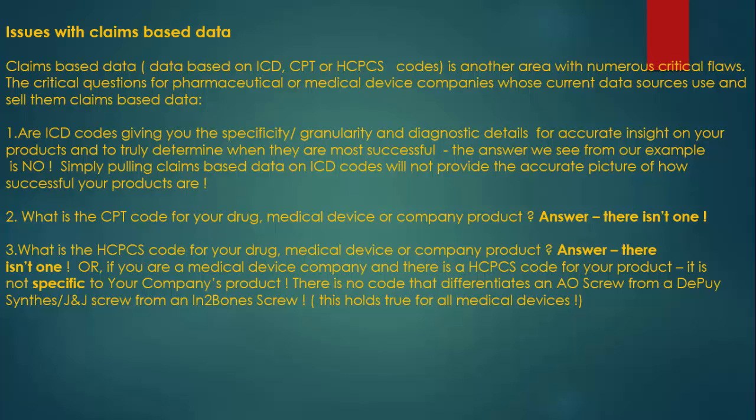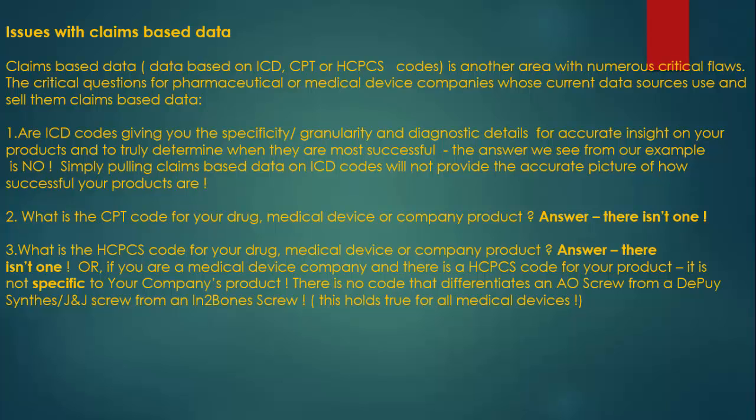Now, if you're a medical device company, there could be a HCPCS code for your product, but it's going to be very high level, very non-specific, getting into that issue of the lack of specificity. So there could be a HCPCS code for, let's say, a screw that a surgeon would use for internal fixation for a bone fracture or for osteotomy.